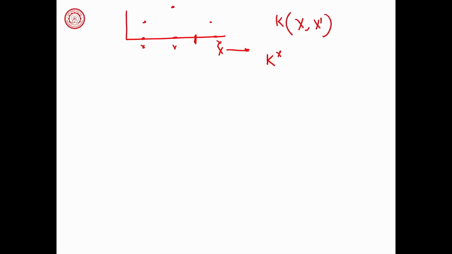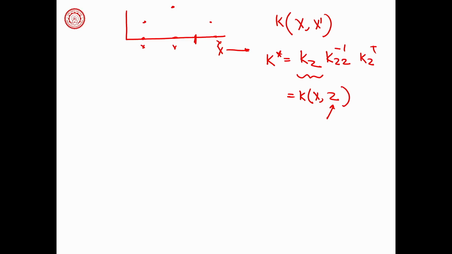So, now we have previously represented k star as kz, kzz inverse kz transpose, right. This is what we have done. The question is, why kz, which is equal to k of x comma z, why does this z need to be a subset of x? Why can't it be some other point which is not a subset of x?